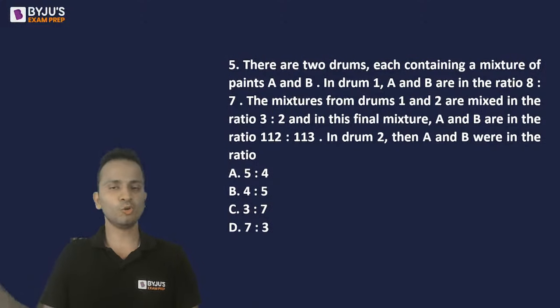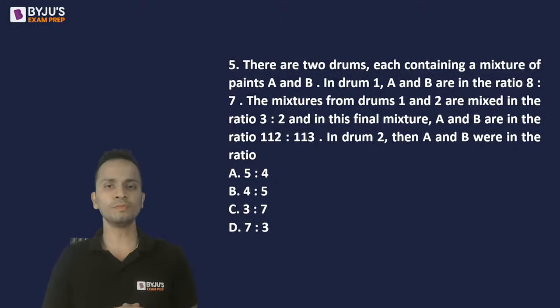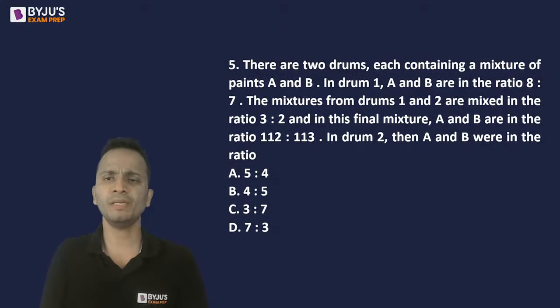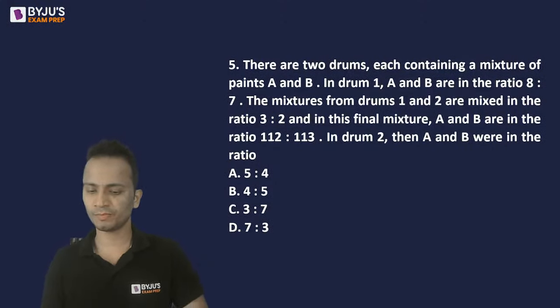Drum 2, we don't know the ratio of A and B. The mixtures from the two drums are mixed in the ratio 3 is to 2, and in the final mixture, A and B are present in the ratio 112 is to 113. The question is, in drum 2, the ratio in which A and B were present is which one among the following options?